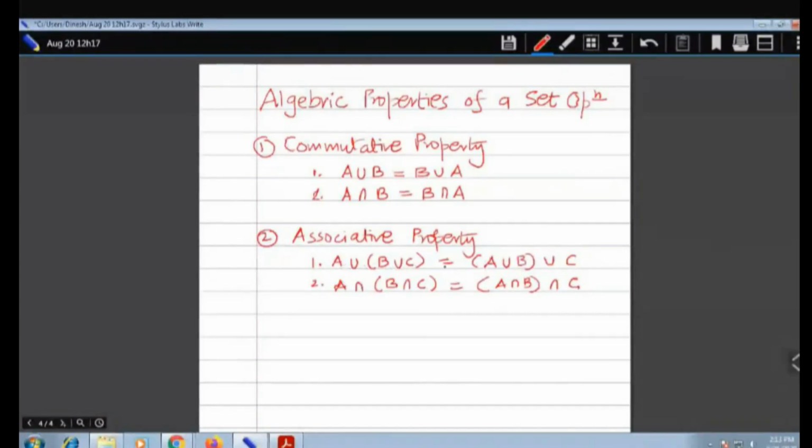So it is all the same. The union and intersection operations are commutative as well as associative.